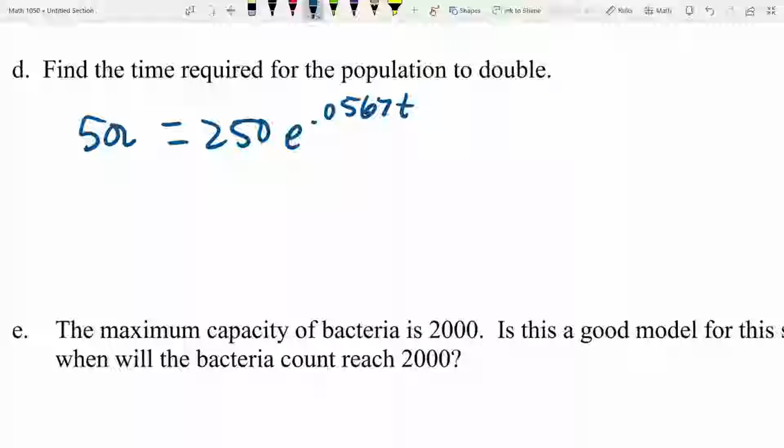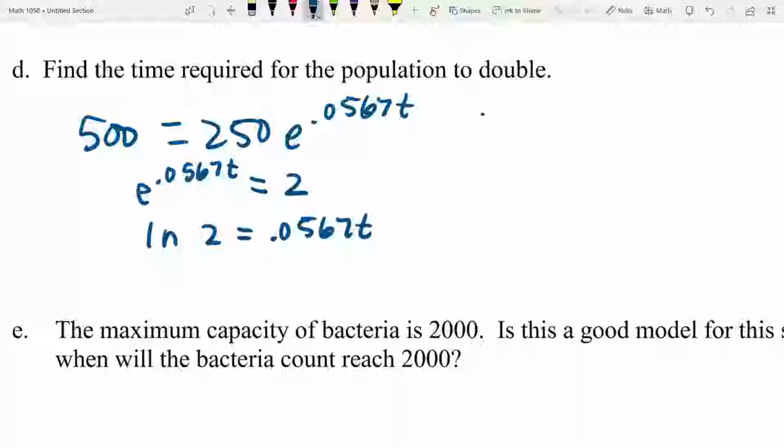Please don't convert yet. Get rid of that 250. So you have e to the 0.0567 t is 500 divided by 250, which is 2. Now you convert, right? So log base e of 2, ln 2 is 0.0567 t.